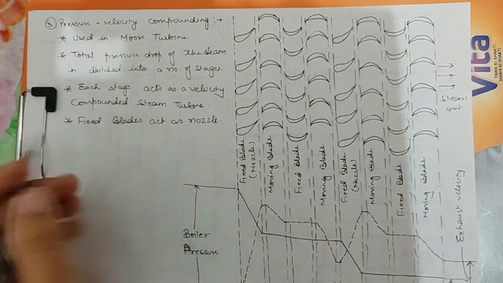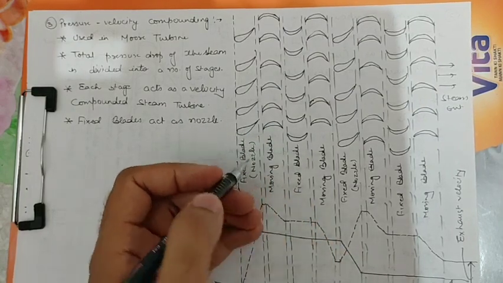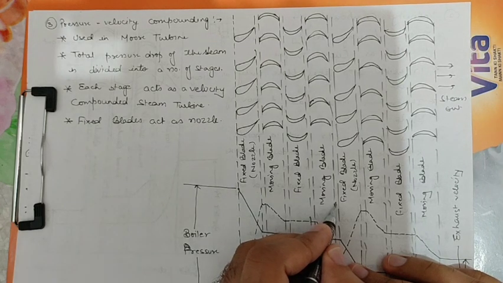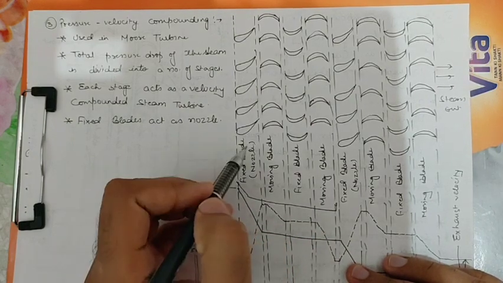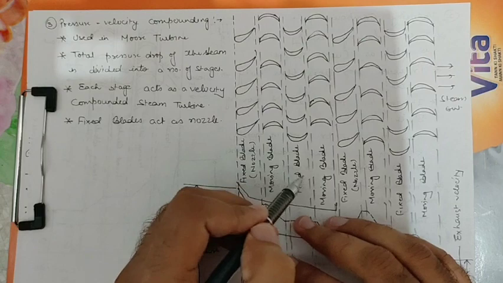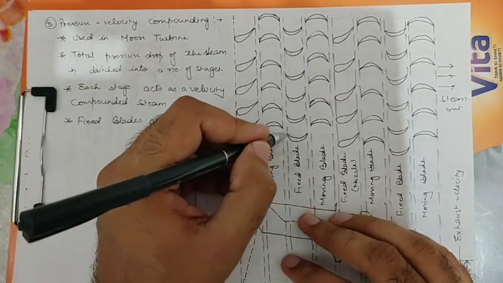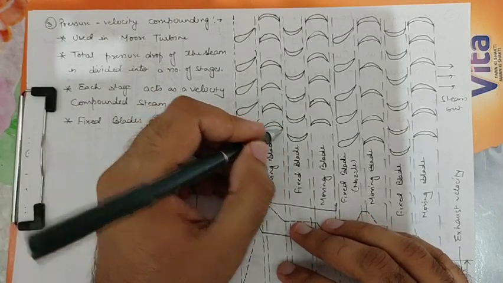Now, look carefully, the stage from this point to this point: it is a fixed blade, then moving blade, fixed blade. It is the nozzle, it is moving blade, it is fixed blade that only redirects the steam which is coming from the moving blade.